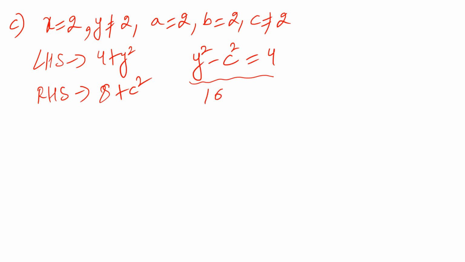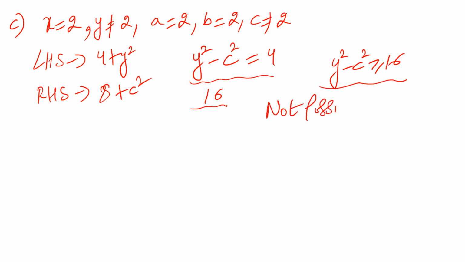Rest in all other cases of two odd prime numbers, the difference is going to be bigger than 16. So that means if Y square minus C square is greater than or equal to 16, then how can it be equal to 4? So this case is clearly rejected. Fine. Now we move to the next case.